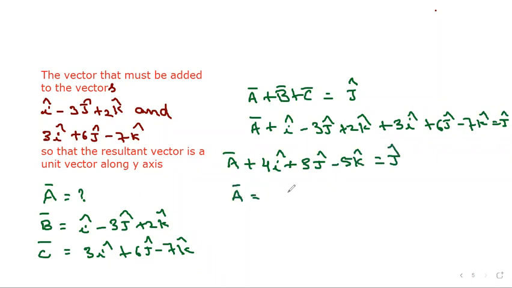So a bar is equal to 4 i cap; if it goes to the other side, it will be minus 4 i cap. 3 j becomes minus 3 j cap, and already j cap is there. j cap minus 3 j cap, how much will it be? Minus 2 j cap. And minus 5 k cap here, if it goes to the right side, will be plus 5 k cap. So finally, what is the answer for a bar? Minus 4 i cap minus 2 j cap plus 5 k cap.